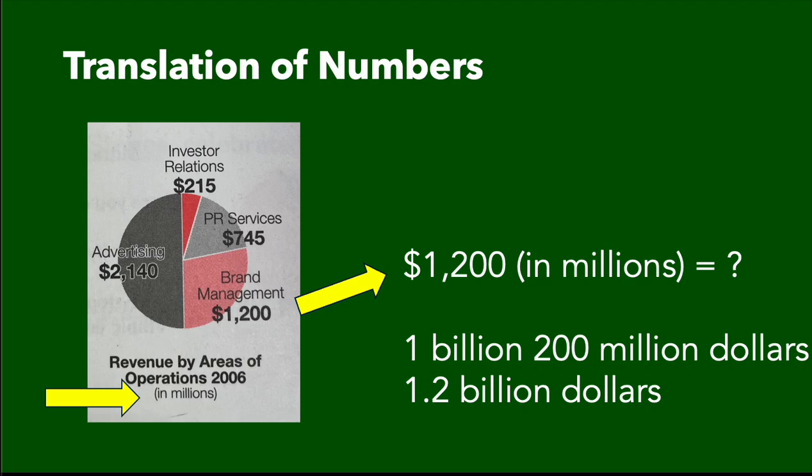Okay, $1.2 billion. All right, so the translation of numbers is a really key part of your translation for this week. And let me also, oh yes, it's 12億ドル, right?